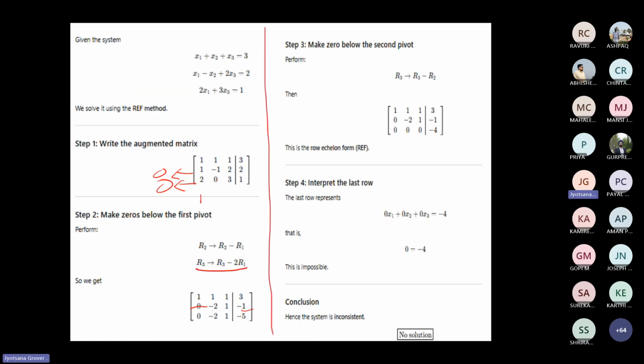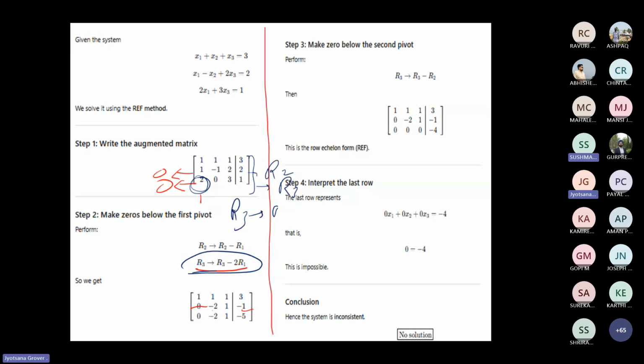Okay. Now the task is, you have to make this entry as 0. So you'll say, okay, R3 is R3 minus 2R1. Ma'am, what about that 3, 2, 1? Okay, writing. This will also get modified now. This is row 2, this is row 3.